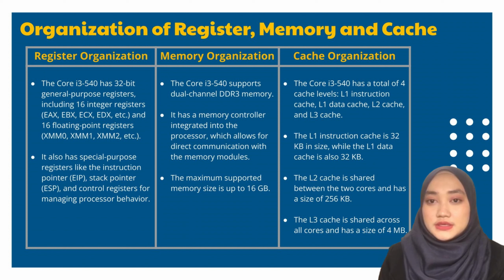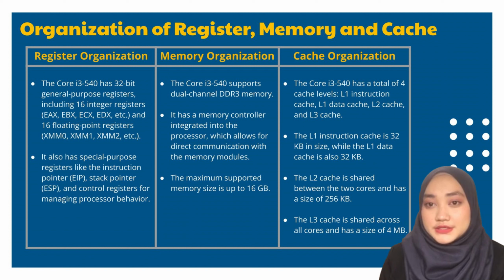The first generation Intel Core i3 540 microprocessor features a range of registers to efficiently handle data and instructions. It includes general purpose registers for storing temporary data, control registers for managing system control and status, and segment registers for memory segmentation.